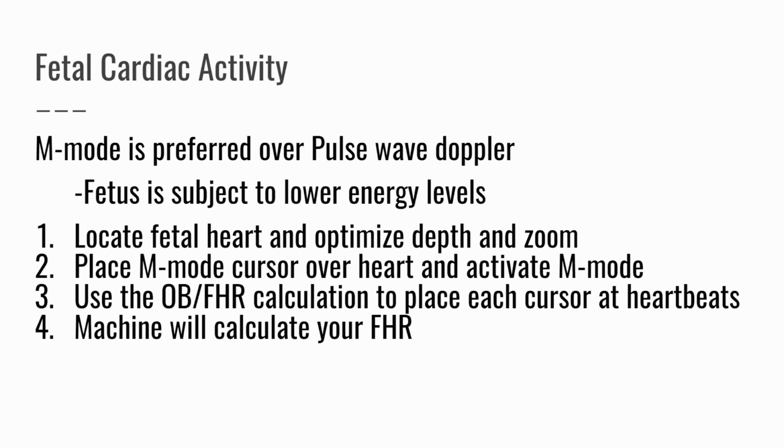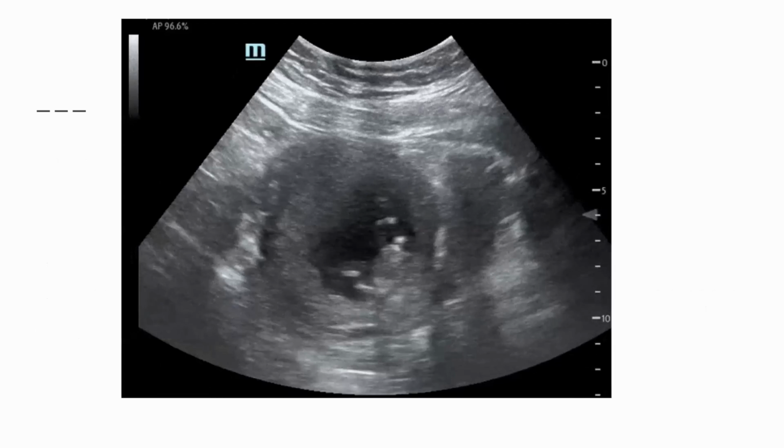There's also a zoom function on most ultrasound machines, and zooming in on the fetus will help you get your M mode cursor right over the heart and get a more accurate reading. Then you'll place your cursor over the heart and activate M mode. Then you'll use the calculation package on your machine to place 2 vertical cursors at each heartbeat, and the machine should give you a fetal heart rate.